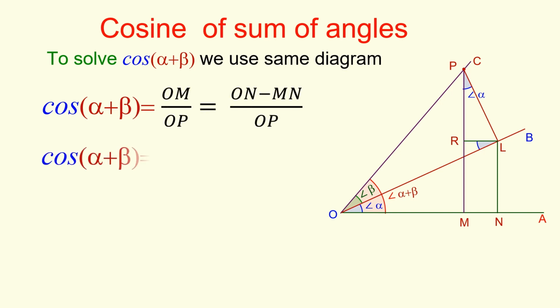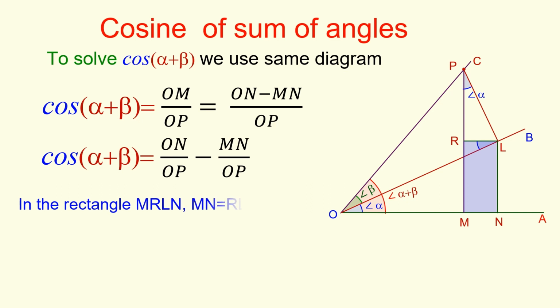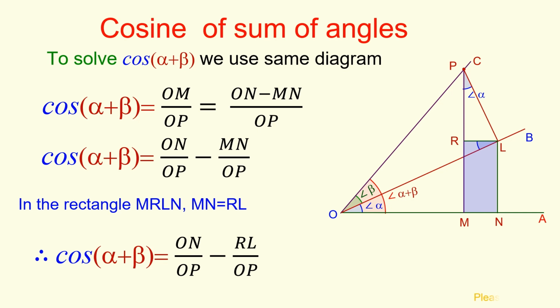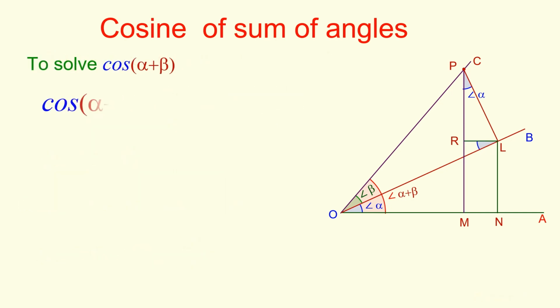Or cos alpha plus beta is equal to ON divided by OP minus MN divided by OP. In the rectangle MRNL, side MN is equal to side RL. Therefore cos alpha plus beta is equal to ON divided by OP minus RL divided by OP.